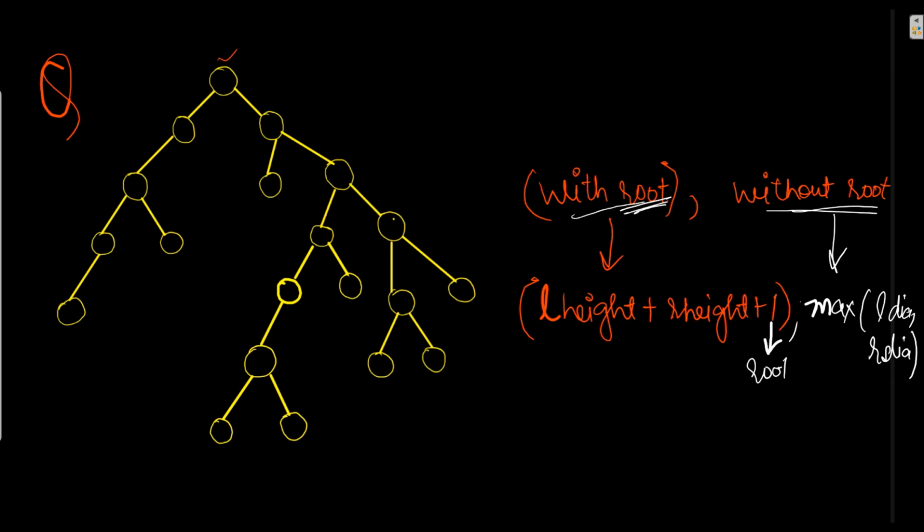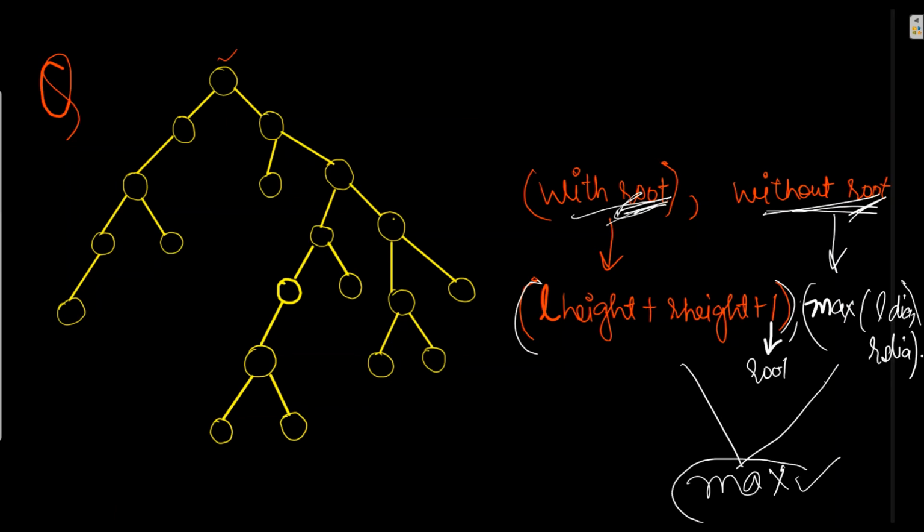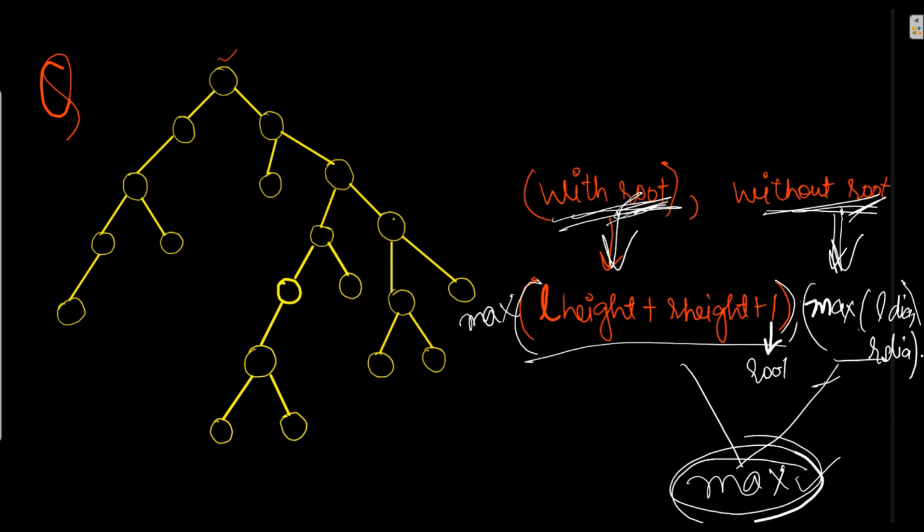We get with root and without root because there can be a situation where we get the diameter with the root, or without the root also we can get the diameter. So we will calculate both of them and take the max of both. Whichever is maximum will be the length of the longest path, which is the diameter of the binary tree.